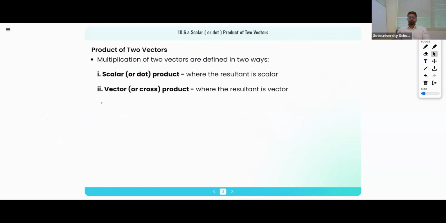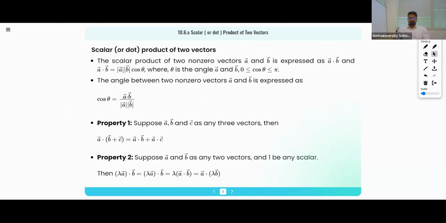The scalar product of two non-zero vectors, very important, two non-zero vectors, vector A and vector B. Why it is non-zero, you'll understand. Vector A dot vector B is given by magnitude of vector A into magnitude of vector B into cos theta.